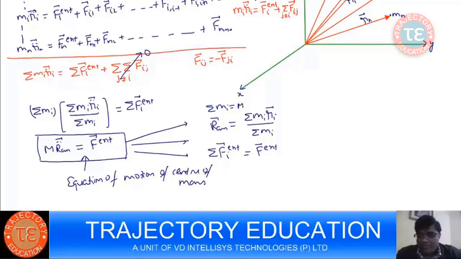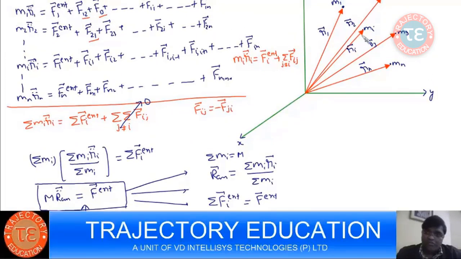This is the equation of motion of a single particle whose mass is capital M. Let me draw it. Say you have a particle over here, and that very important particle is capital M, that is the center of mass.